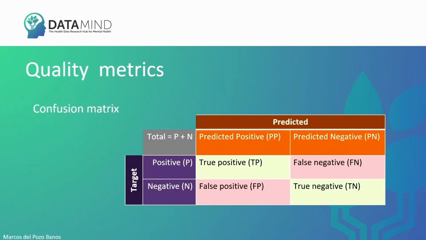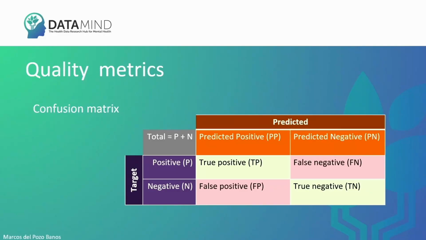We will define the positive samples as those of patients that suffer from depression, and the negative samples as those that do not. Generally speaking, positive samples are the cases that we want to find. So why are we developing this algorithm? Because we want to identify those that are suffering from depression. So then those will be the positive samples.